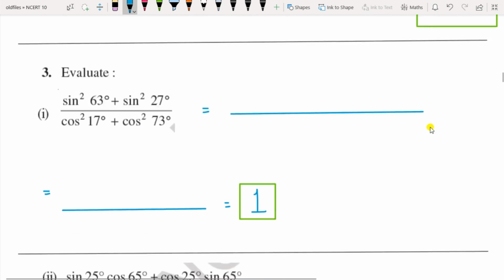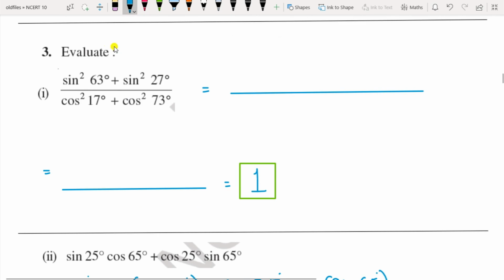Now let us start with question 3 here. Sin square 63 plus sin square 27 upon cos square 17 plus cos square 73. You have learned this in exercise 8C, that sin of theta equals cos of 90 minus theta. So you have to use the same pattern here. In place of sin 27, I will be writing cos.